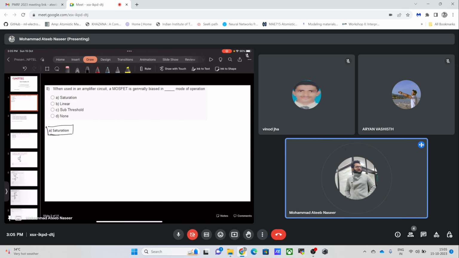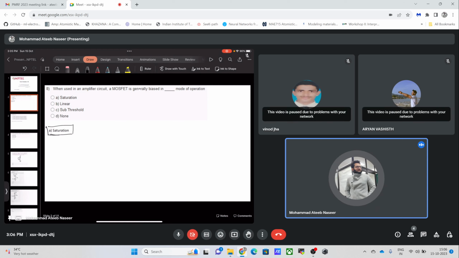For example, if I need any power amplification, how can I get the power amplification in any network? If I use a passive network like a resistor, there won't be amplification of the power, because there will be dissipation in the resistor itself.